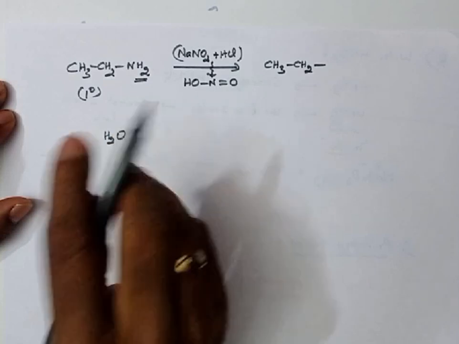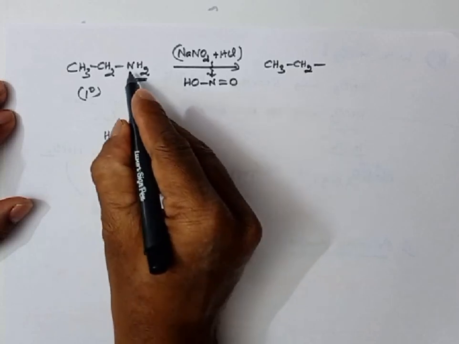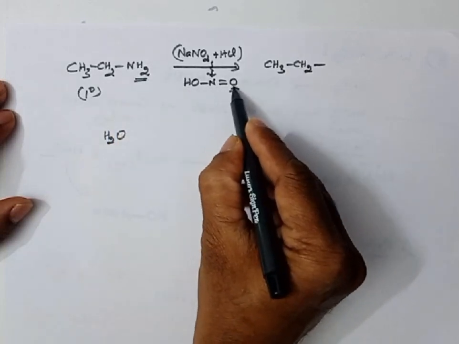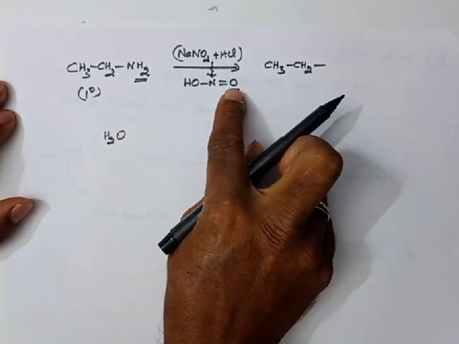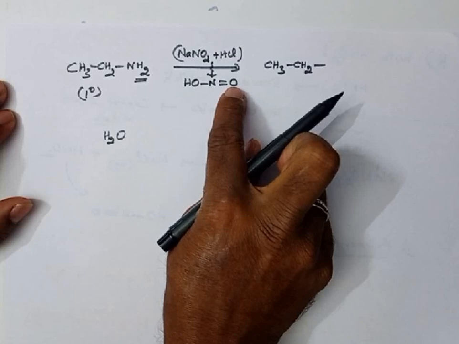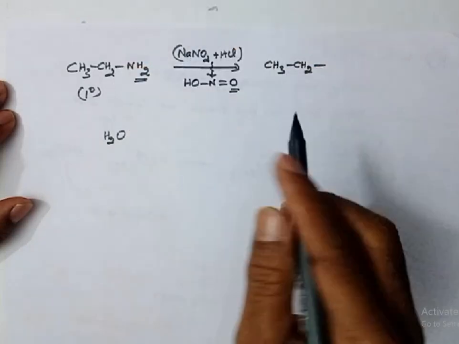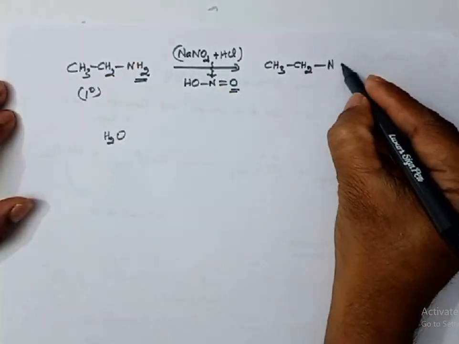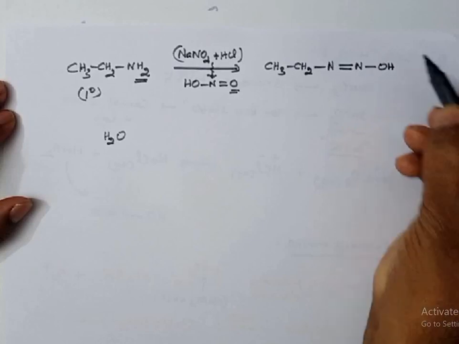Now nitrogen has 2 hydrogen, and on this side we have 1 oxygen. So H2O is eliminated by taking oxygen from this side. Now this N double bond group gets attached with this nitrogen. So in this nitrogen, remove 2 hydrogen, put a double bond, and N connected with this OH.